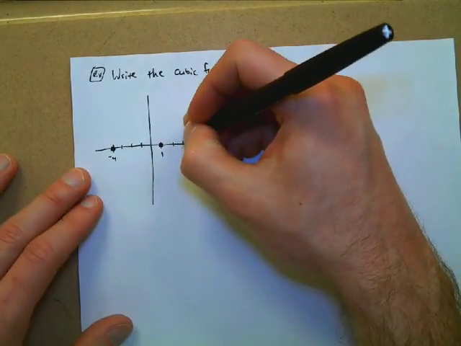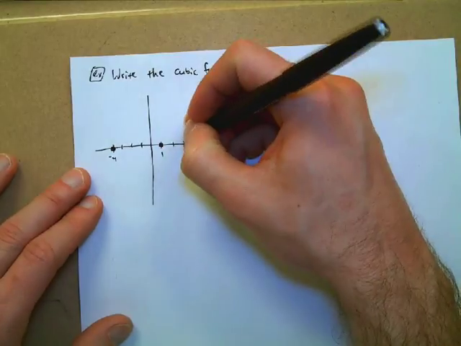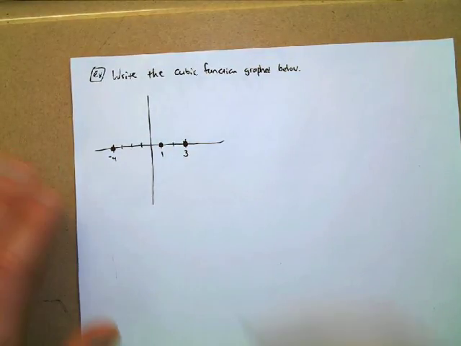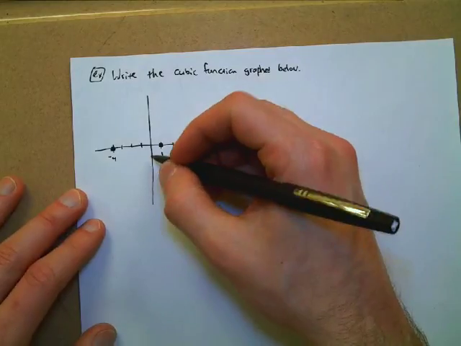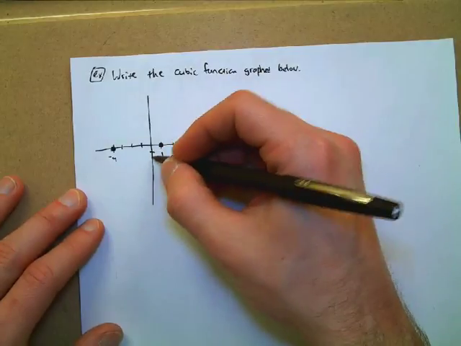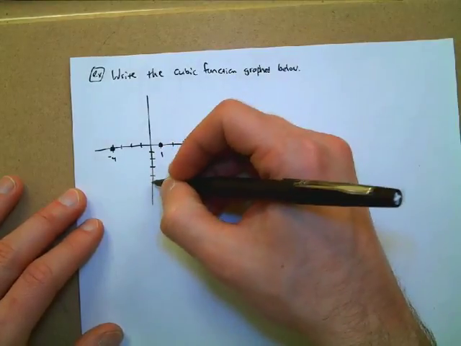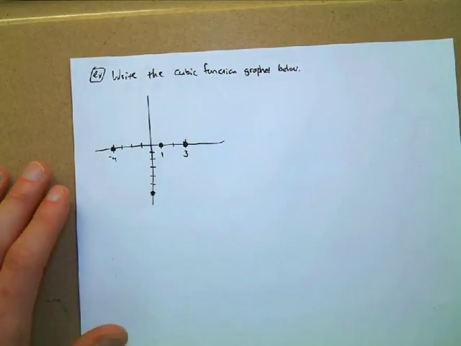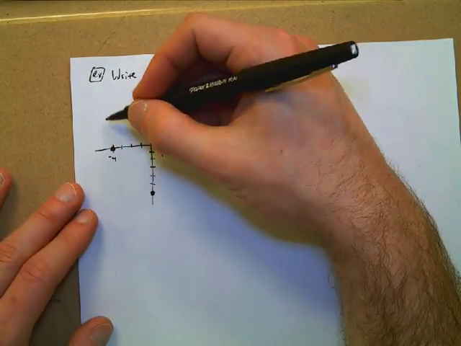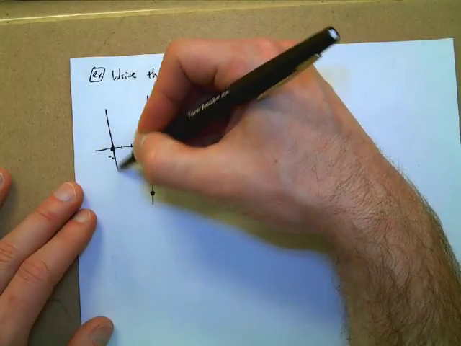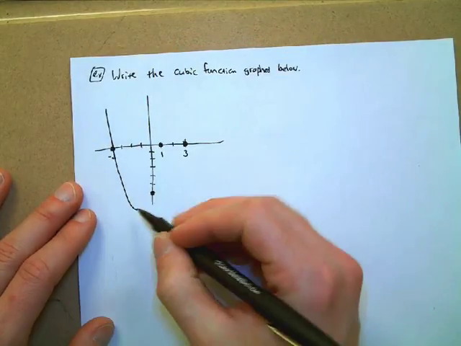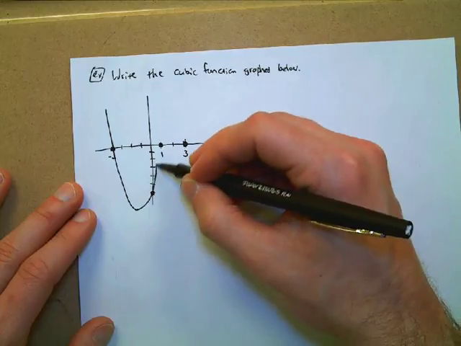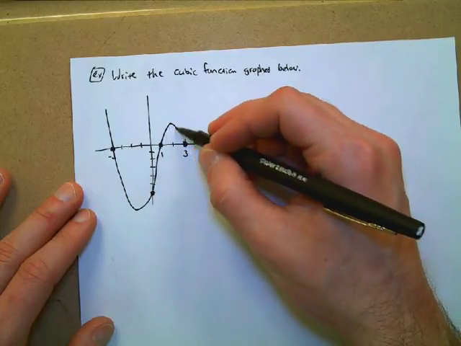Okay, and so it's going to look something like this. So if you can get the 3 zeros of a cubic and then any other point on the cubic, you can come up with a function very easily.